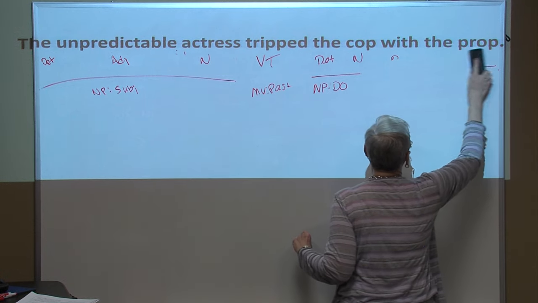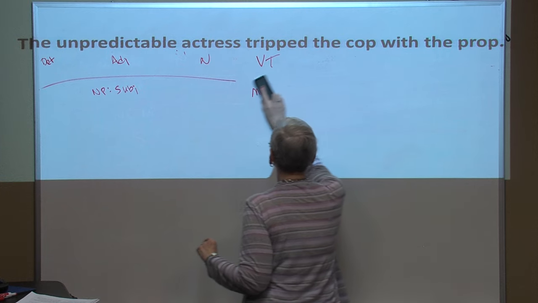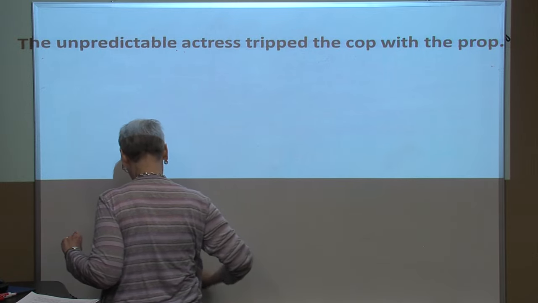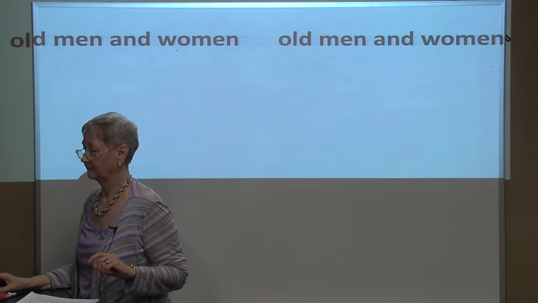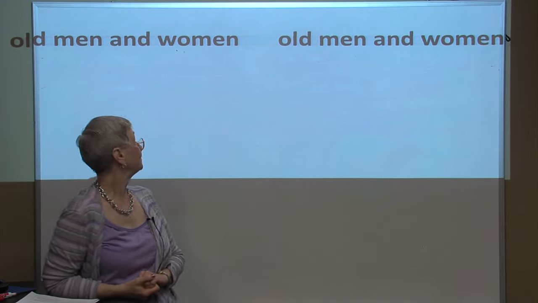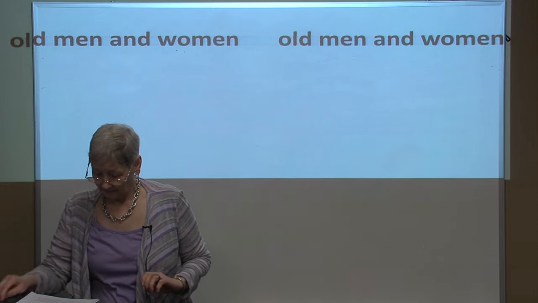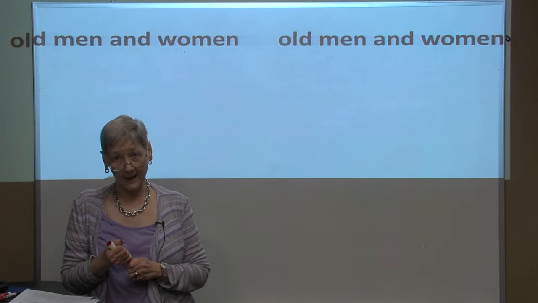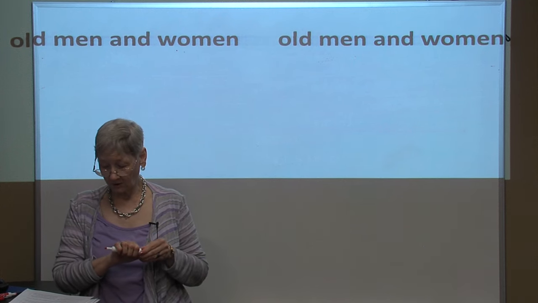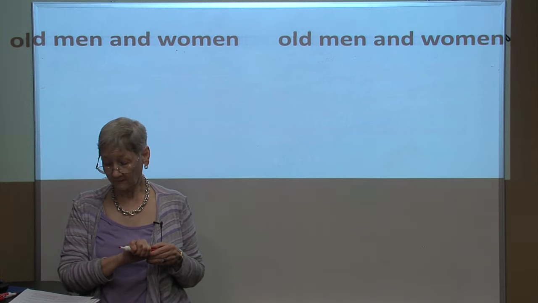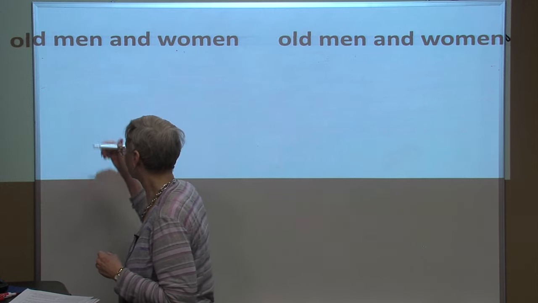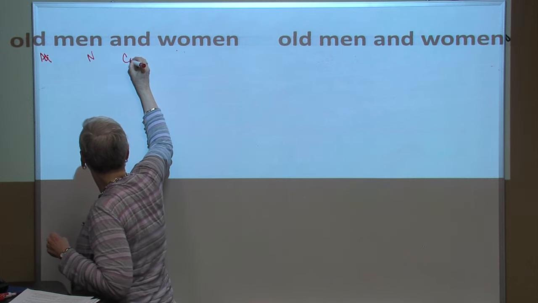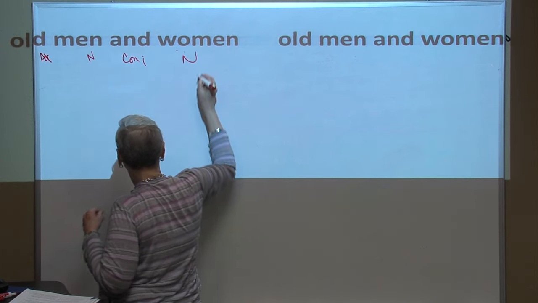So let's look at this last phrase. Old men and women. Okay, in the first structure, both the men and the women are old because the conjunction joins men and women into a noun phrase for old to modify. So old is an adjective, men is a noun, and is a conjunction, women is a noun.